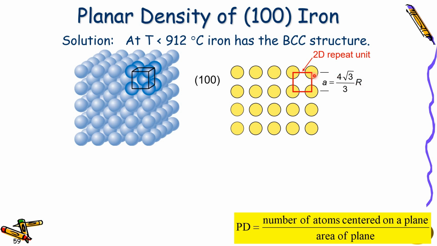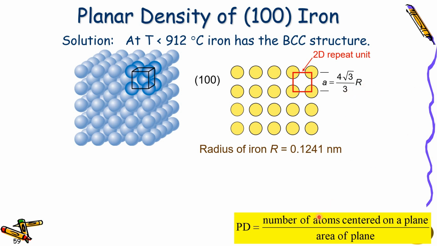What you need to know is the relationship between edge length and the radius. Of course, you know this already. I talked to you about this last week. So the radius of iron is 0.1241 nanometer. It's pretty standard here.